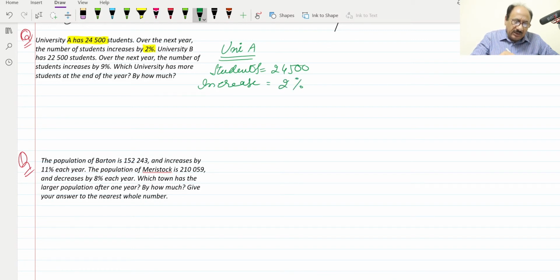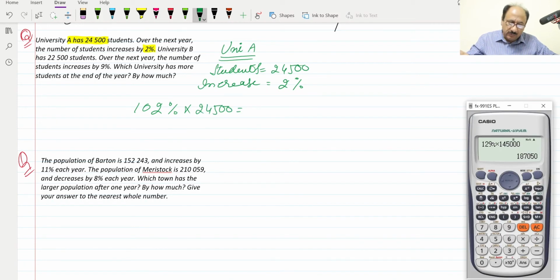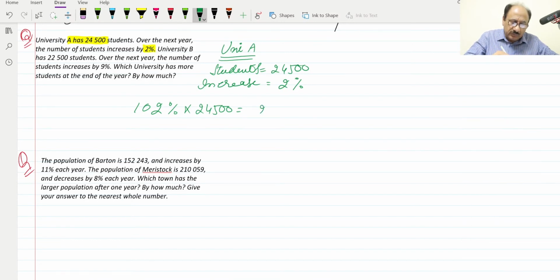So we can directly calculate 100 plus 2, which is 102%. We will get the number of students as 102% of 24500, and this will be 24990. This will be the situation in University A.